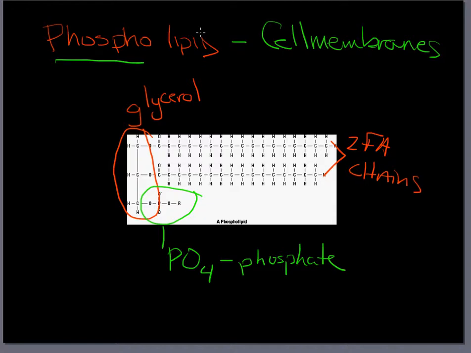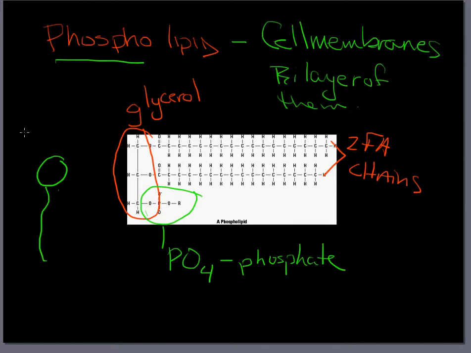They exist in a bilayer. And the interesting thing that happens with the phospholipid, we usually draw it looking like this, with its 2 fatty acid chains. So these are the fatty acid chains down here. And then this is the PO4 grouping up here.